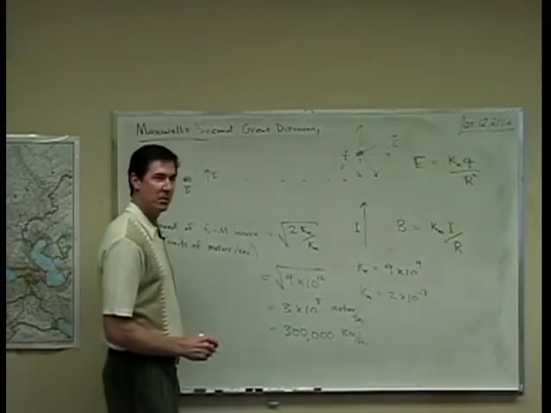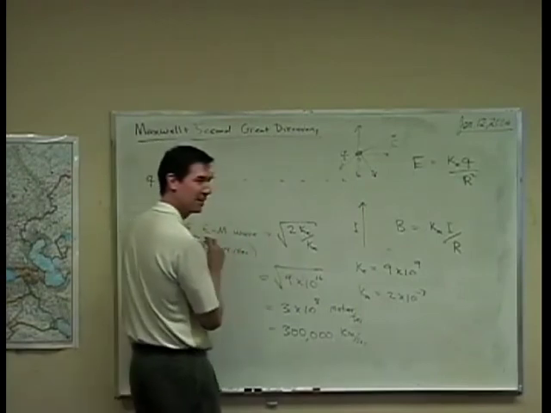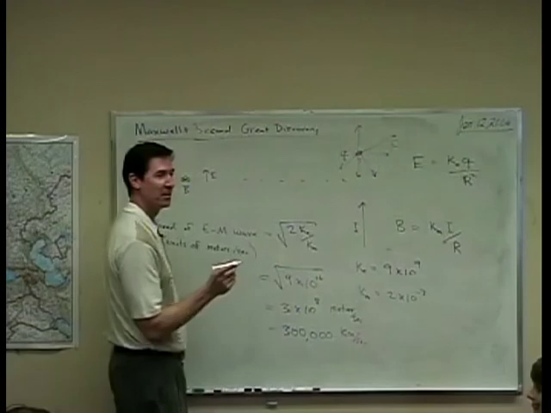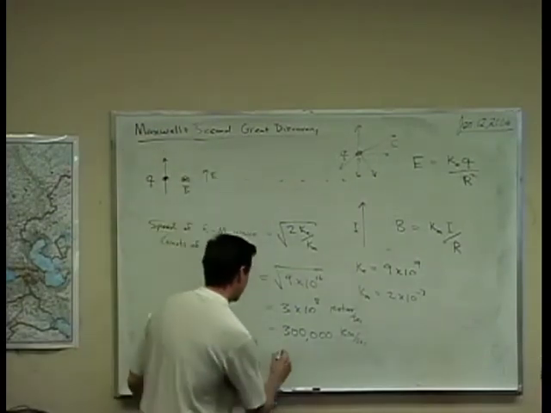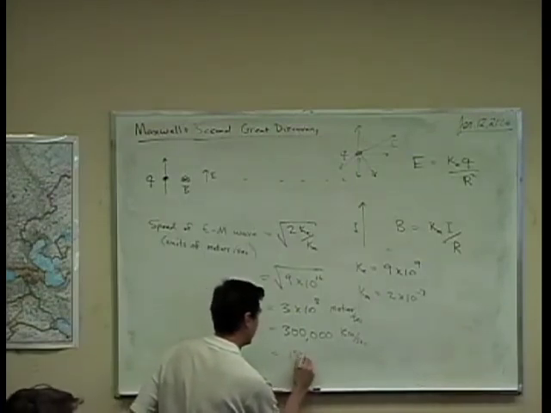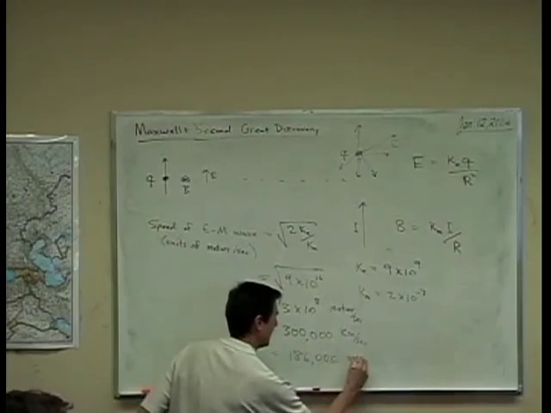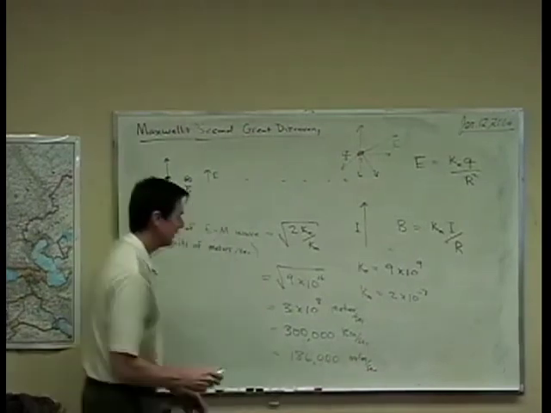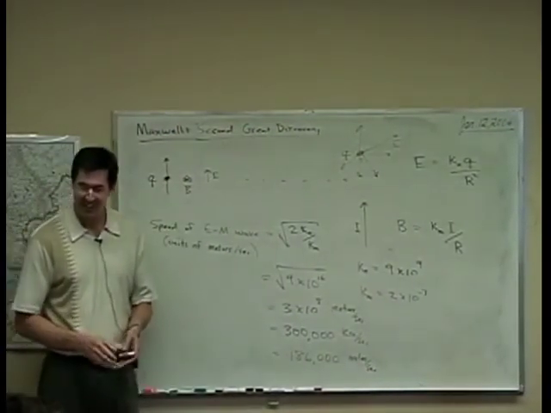Now, what does that turn out to be in miles per second? Okay, I should make you do it, but I'll do it off the top of my head. It's 186,000 miles per second.